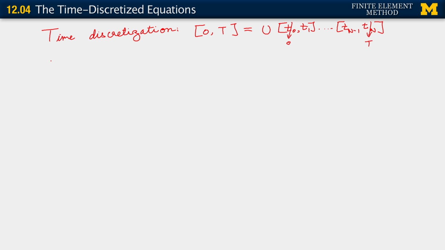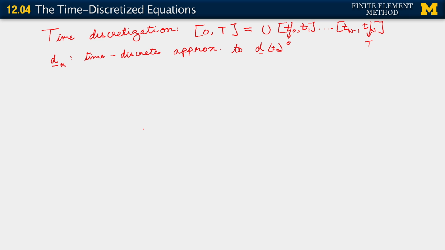All right, and then we say again that d at n is the time discrete approximation, approx for short, to d at tn.